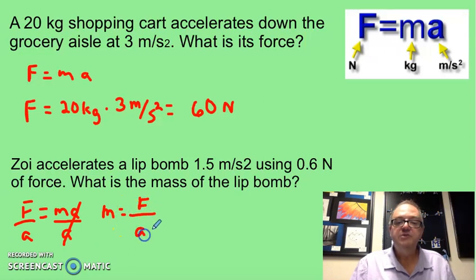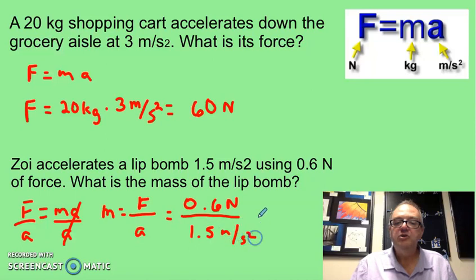And at this point, it's just a matter of plugging in numbers. Force is going to be in newtons, so that's going to be 0.6 newtons. Remember, you want to put the unit there. And the acceleration is going to be 1.5 meters per second squared.